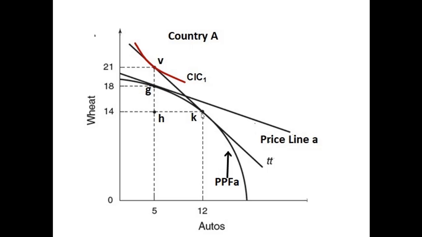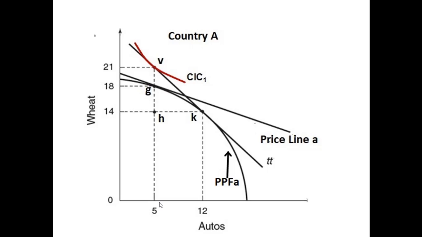And what that means is that if they export some of these autos, they can move up the TT line to a point that's tangent to a CIC, which is a requirement for equilibrium, and therefore they will continue to export autos and import wheat till they can consume the combination at point V, which is 5 autos and 21 units of wheat.